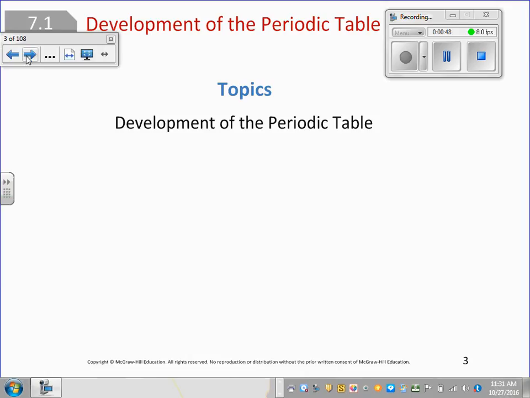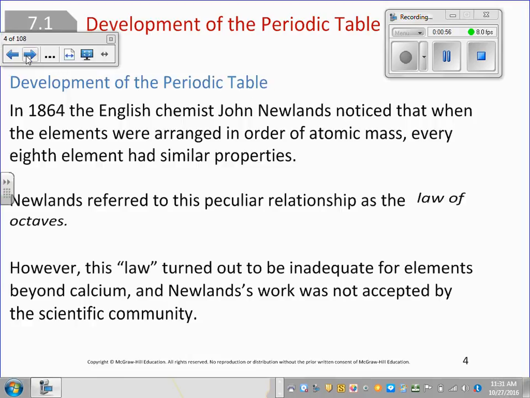So this is where we're going to talk about the history of the periodic table, how it came about. 1864, Newlands noticed that the elements were arranged in order of atomic mass. Every eighth element had similar properties. Well, that worked good until you get past calcium.